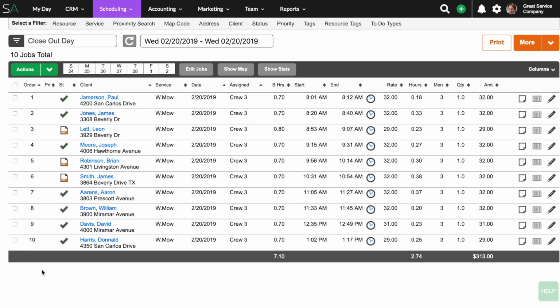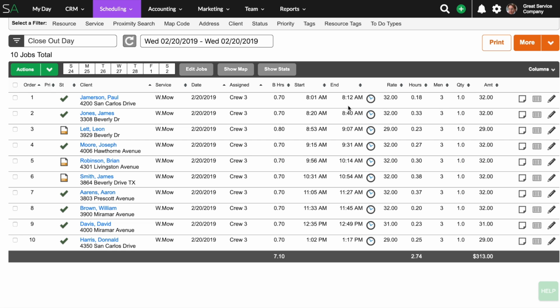Now this is historical data, and I'm looking back at a previous day. If you'll notice a couple things, these were the jobs that were supposed to be done. And then over here, and I'm not going to explain this in detail, here are the times. So this job took from 8:01 to 8:12. This crew had 3 individuals working the crew.